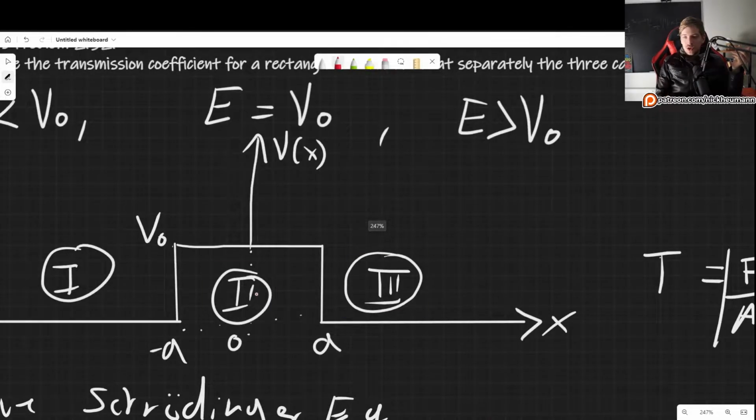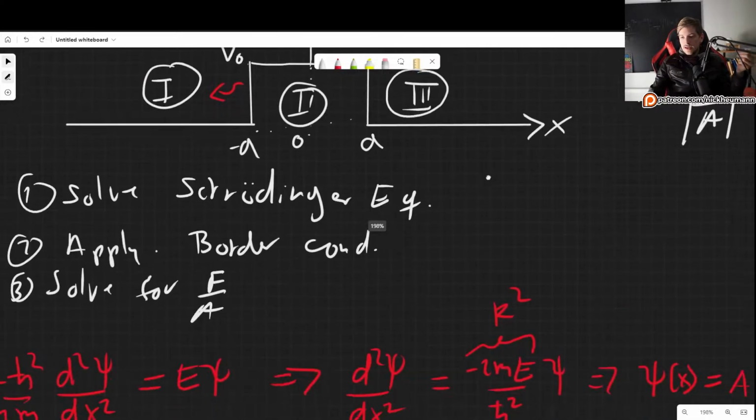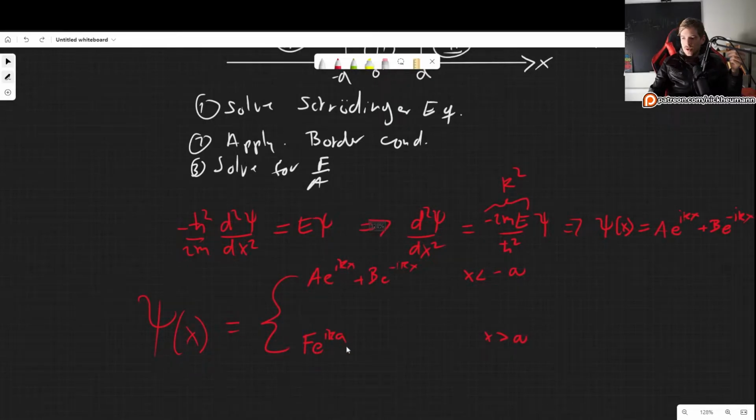The only reason why we have particles traveling to the left is because they reflected off of the potential, but we don't have any here. So unless we are sending in a particle from this side, which doesn't really make much sense, why would we send particles from both sides? That's a nightmare for any experiment. Then the other term, the one with the minus sign, is going to be 0.